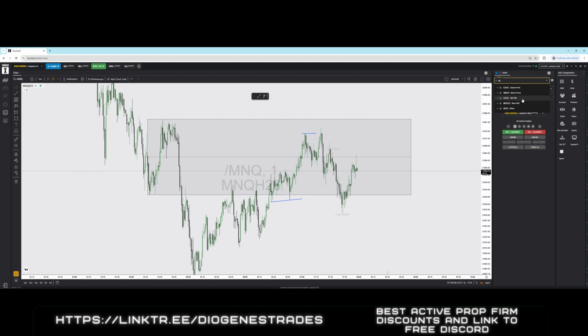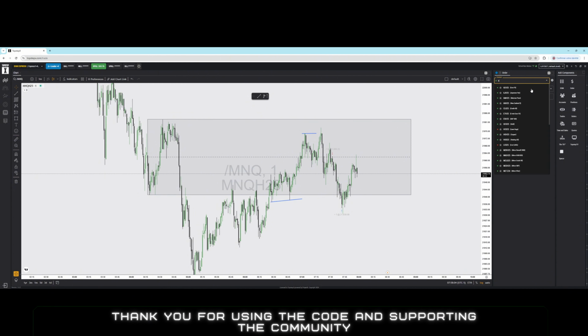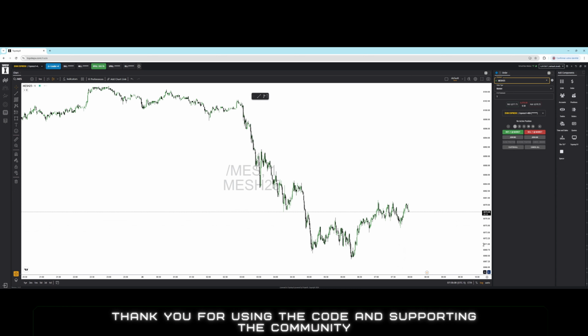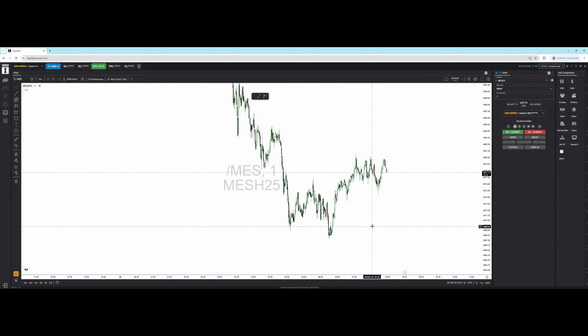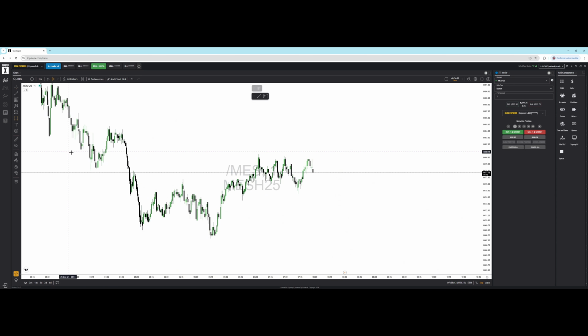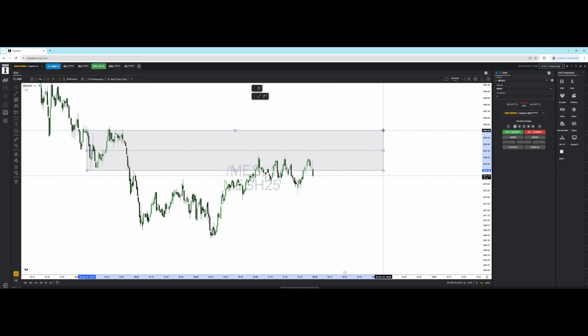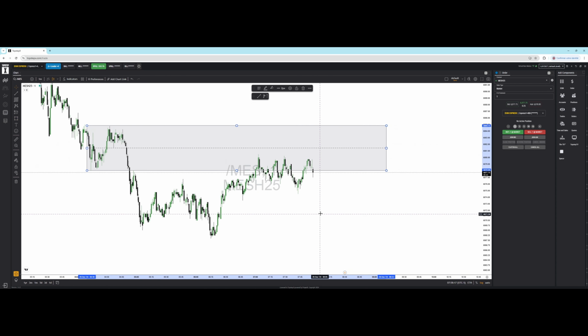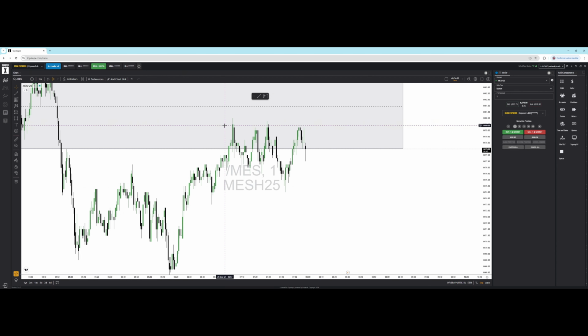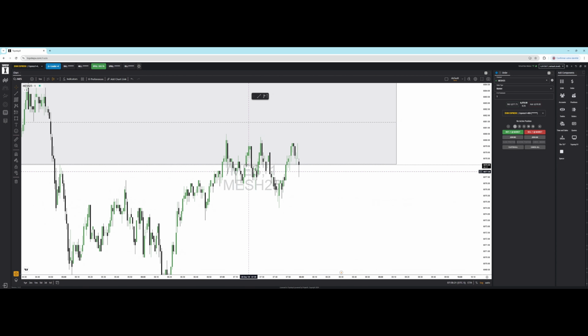So ES1, MES, yes. So ES, right? ES failed even to go to the 50% of the zone, and this is the confirmation I was talking about.